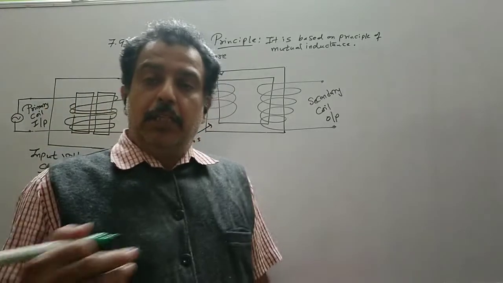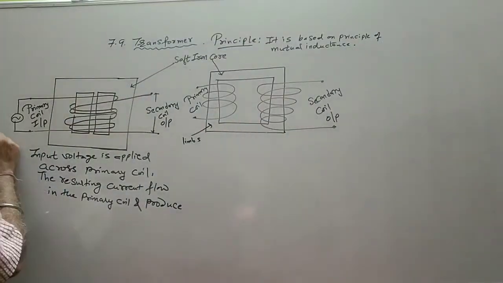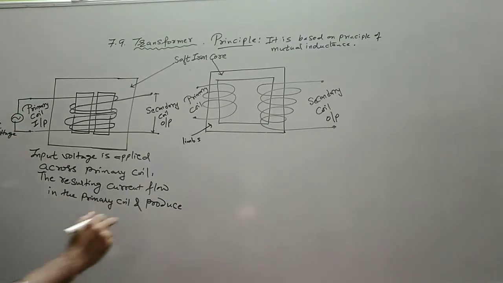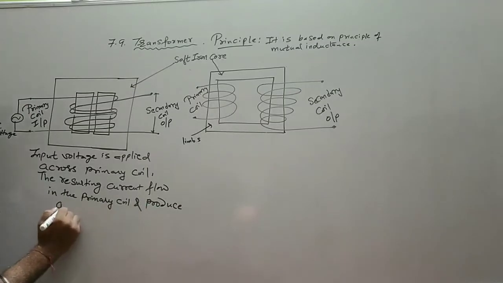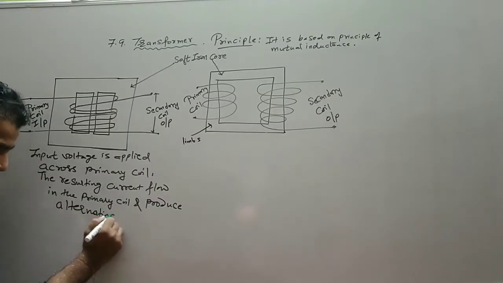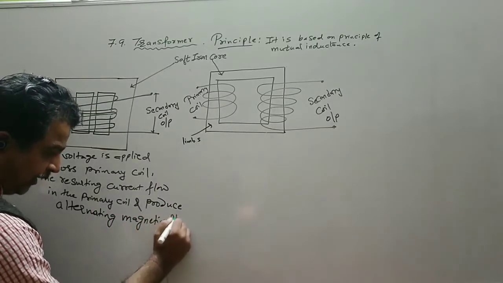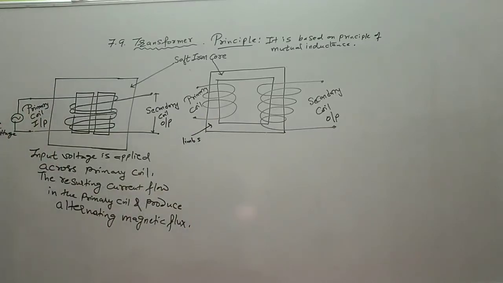Since your input voltage is an AC voltage, the current flowing in the primary coil is an AC current, so it produces alternating magnetic flux.